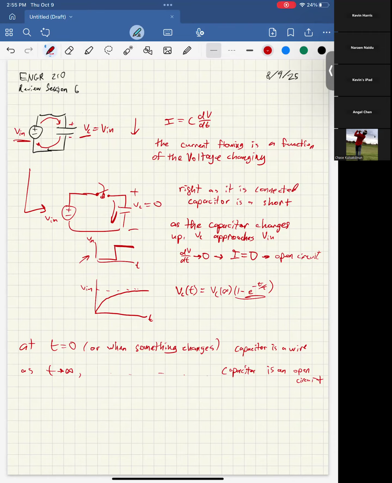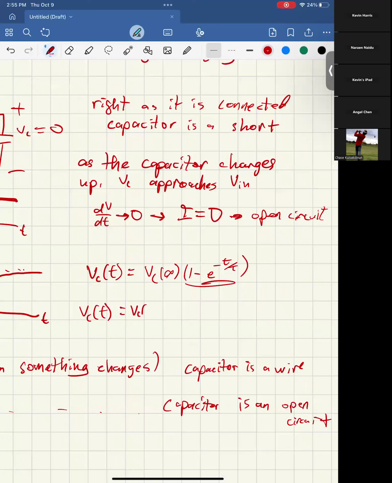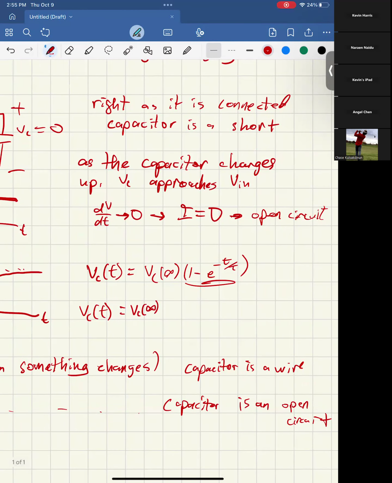Let's see. I can give the more explicit version of that VC equation that I gave. Again, I don't think you'll really need that for this quiz because it wasn't on the homework. But the most explicit version is that VC of t equals VC of infinity, so this is what it will be when the capacitor is an open circuit, plus VC of 0 minus VC of infinity.